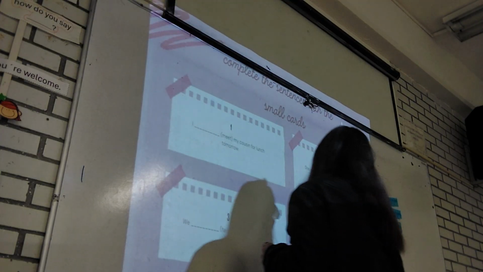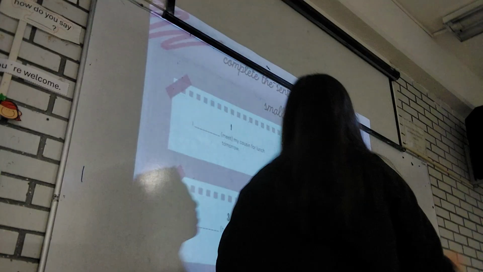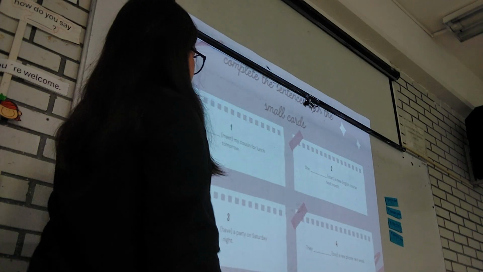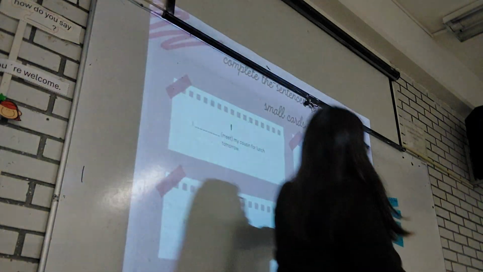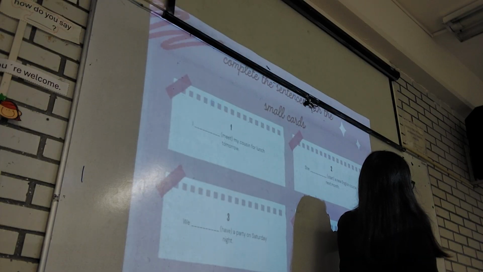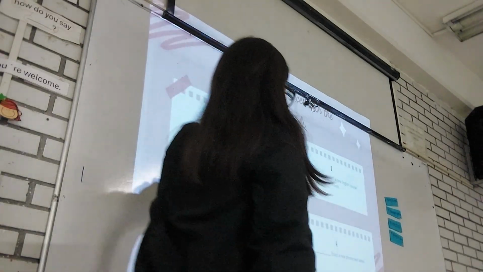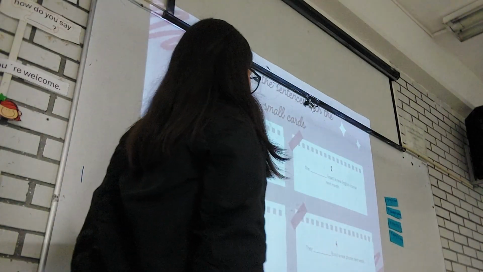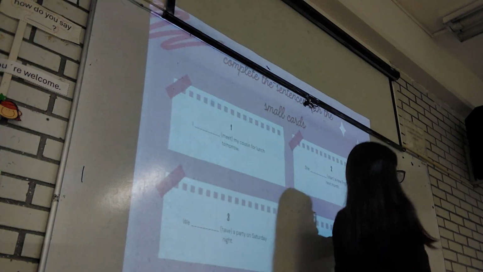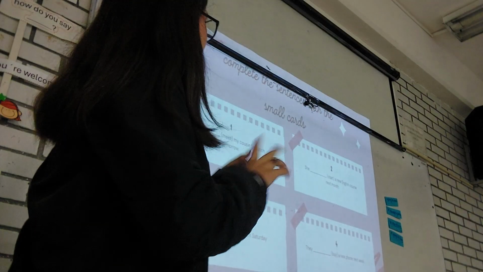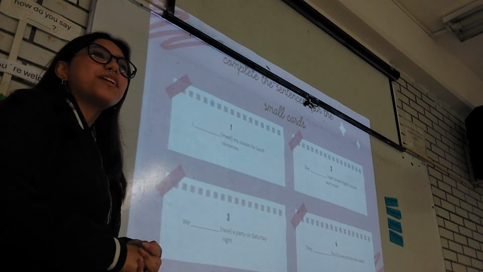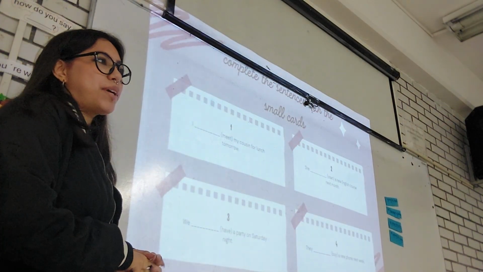For this last activity, you have to complete the phrases with these little cards that are here. As you can see, there is already a cue word. So it's going to be pretty easy since the cue word is also in the cards. So any volunteer, or do I pick one?